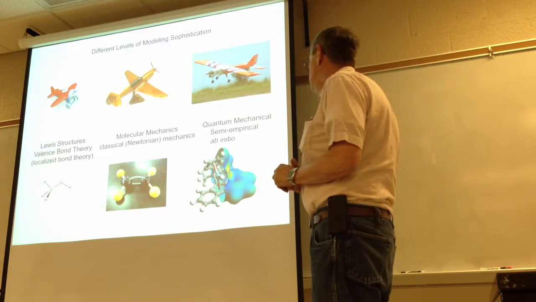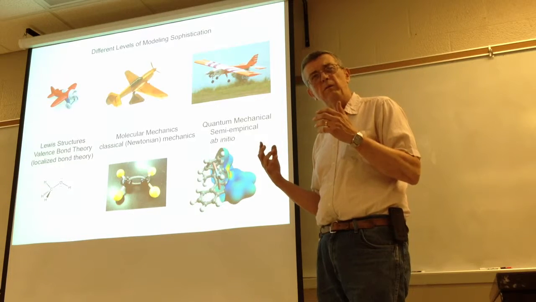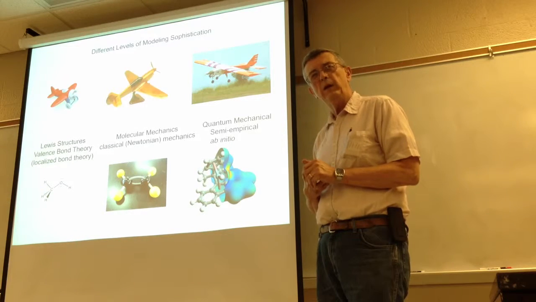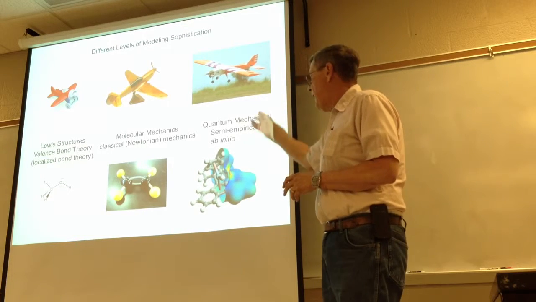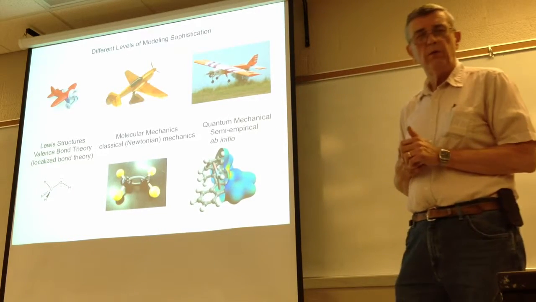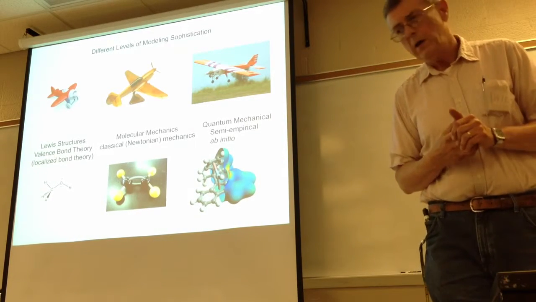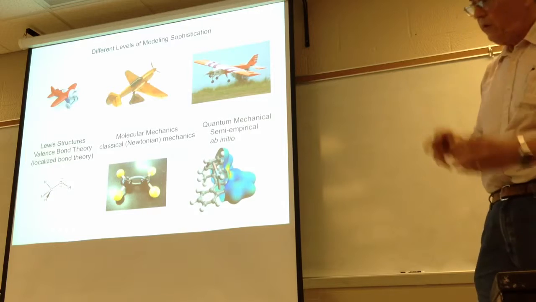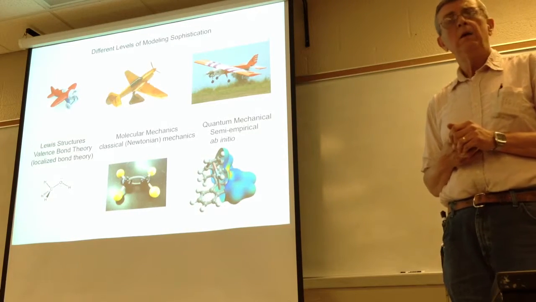But it doesn't really know about how real molecules behave in terms of electrons. You have to go to quantum mechanical models. And there are two levels of quantum mechanical models: semi-empirical, which is a somewhat simpler one, and what's called ab initio, from the beginning.